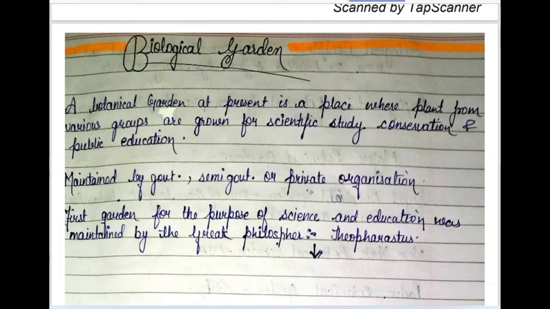A botanical garden at present is a place where plant forms of various groups are grown for scientific study, conservation and public education.